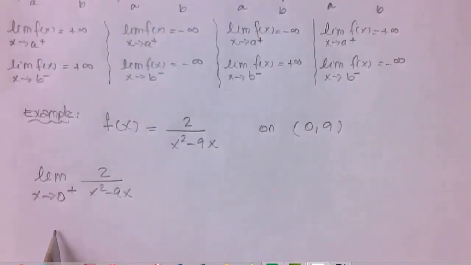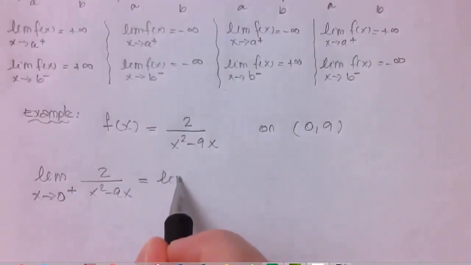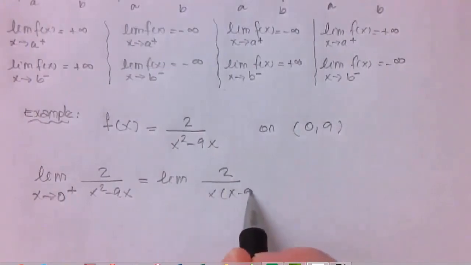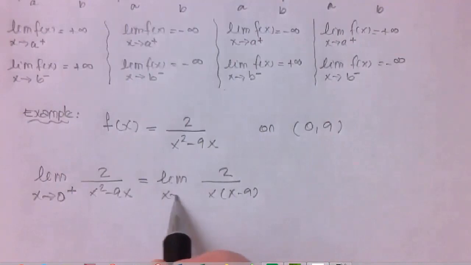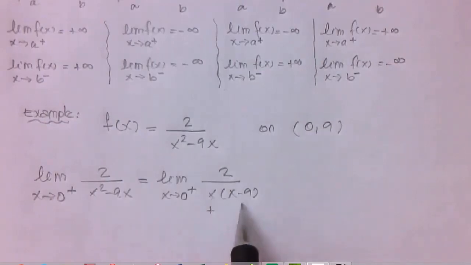So if x is approaching 0 from the right, let's factor an x that multiplies x minus 9. When x approaches 0 from the right, this factor here is going to be positive, and this is going to be negative.